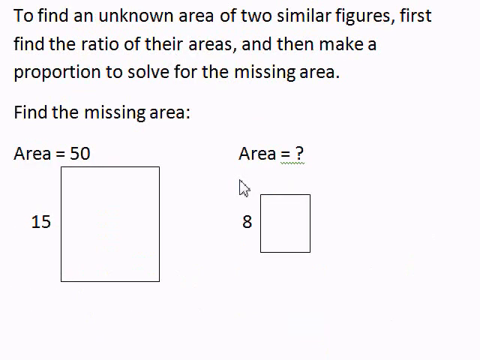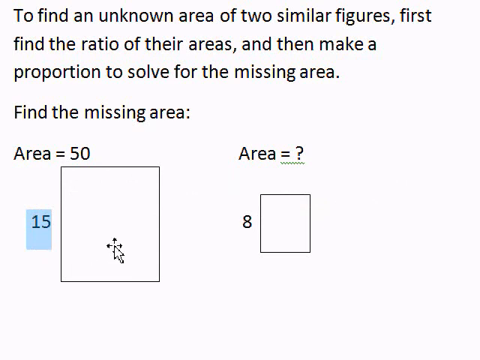So what we're going to be asked to do with this information is to find an unknown area of two similar figures. The way we're going to do this is first we're going to find the ratio of their areas. Then we're going to make a proportion to solve for the missing area. Now, to find a ratio of their areas, remember we take the side lengths and we square both of them.